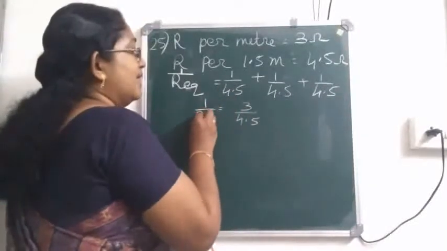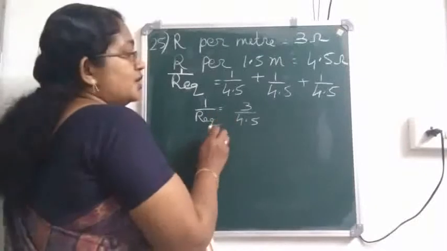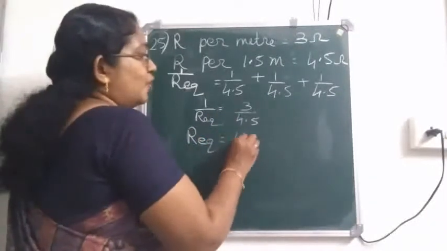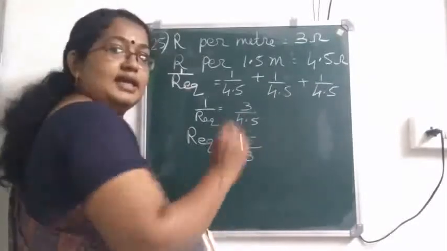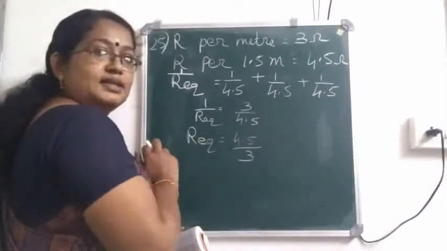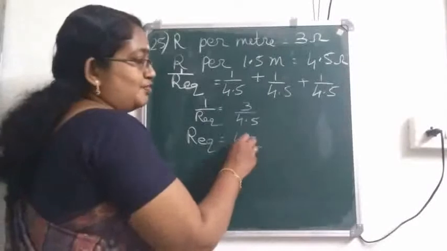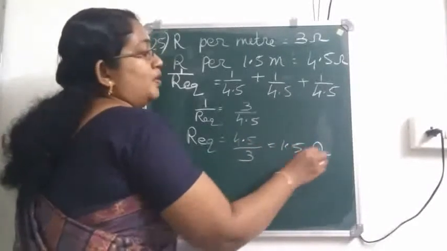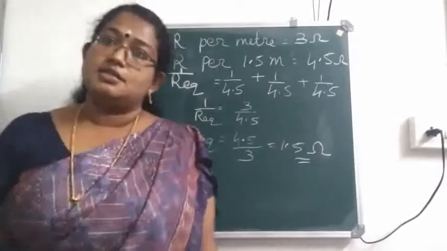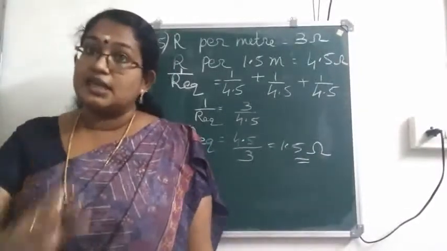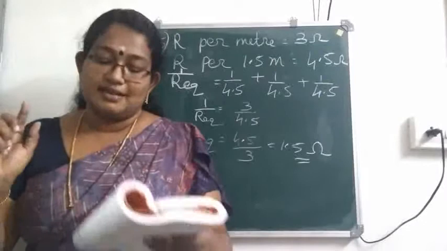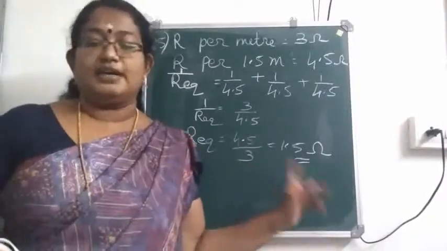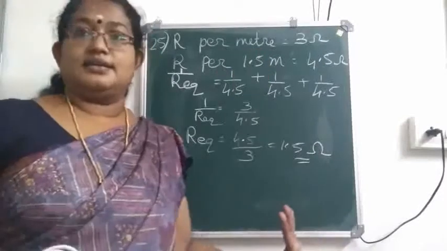This is 1 by R equivalent. So, what will be R equivalent? This will be 4.5 by 3. Since it is 4.5, how much are you getting? 1.5 ohm. Okay. So the total resistance offered by three 1.5 meter long wires will be 1.5 ohm. So the first part is over.